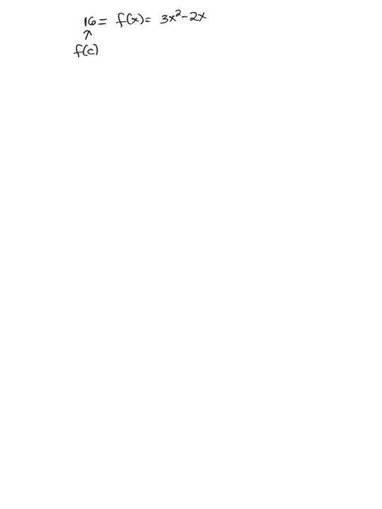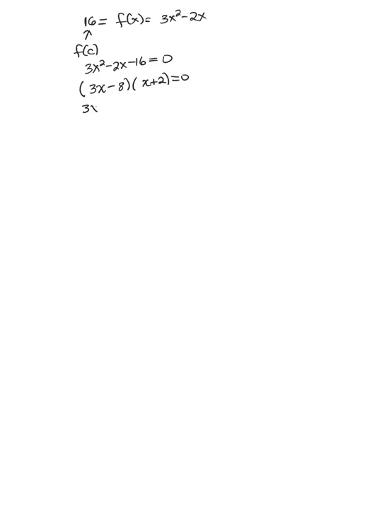So we solve this equation, we bring the 16 over and make a quadratic equation in standard form. This is factorable into 3x, well, I should put c here, but the x and c are the same, 3x minus 8 times x plus 2 equals 0.